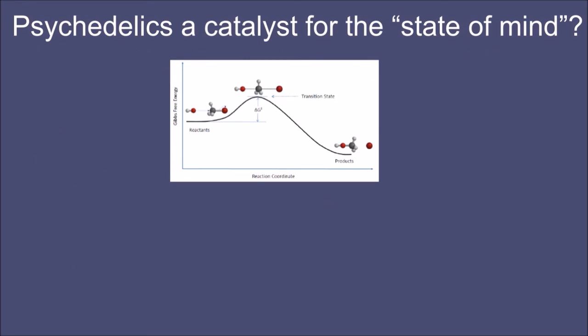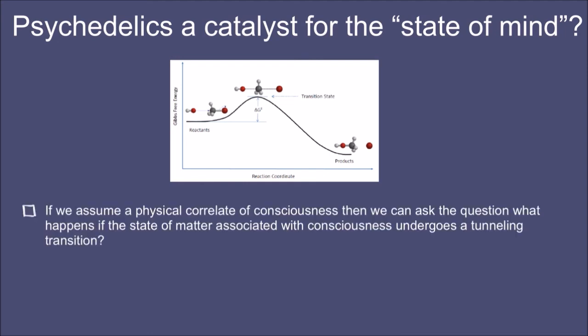Okay, and the very final thing: with this notion that relaxing to a stable state feels pleasant, you could think of psychedelics as literally a catalyst for the state of mind. Because again, if you're a materialist, you must be in some state of mind, and what happens if this is catalyzed somehow and goes through a typical chemical reaction?